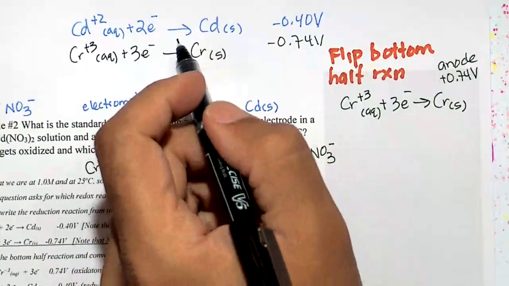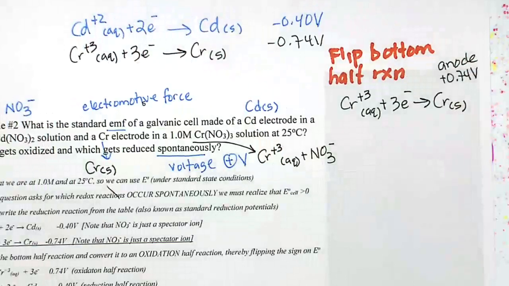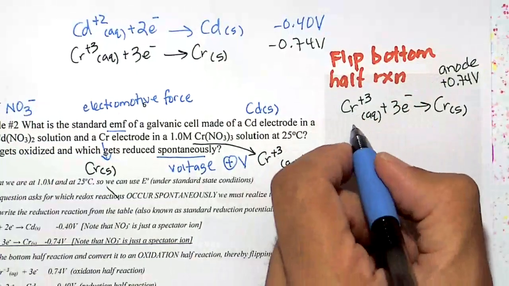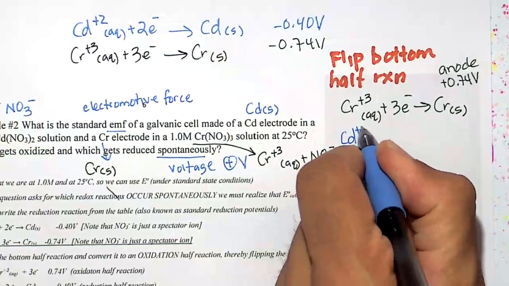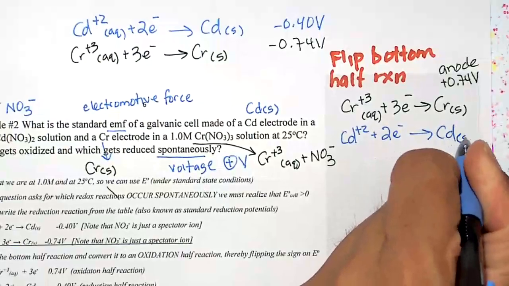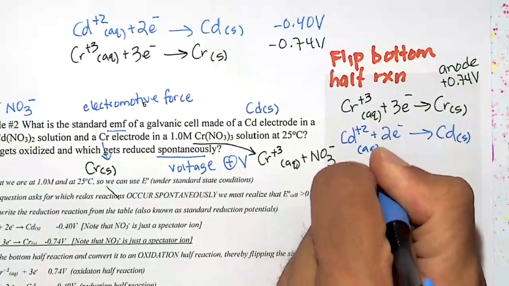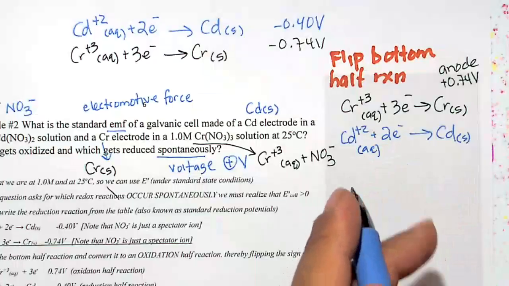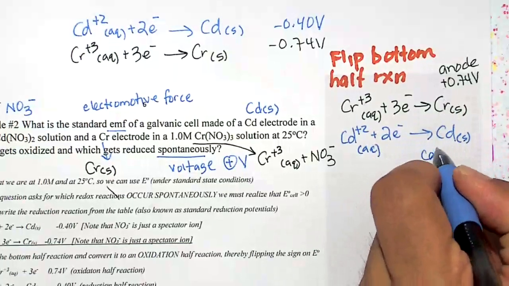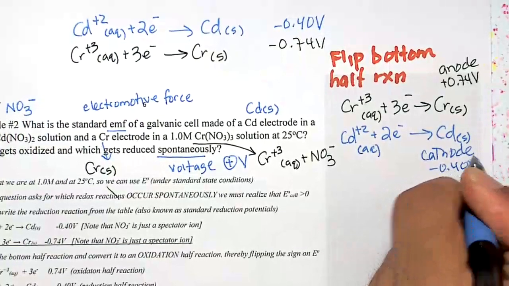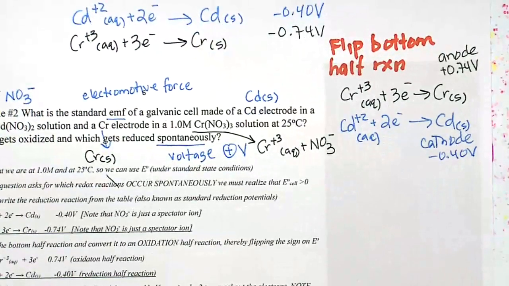We're going to leave the other one the same because we're going to have to flip one. One is the anode, one is the cathode. So I'm going to do this the same, and this is the cathode. All of these are the cathode on the sheet for the exam. And that's minus 0.40 volts.